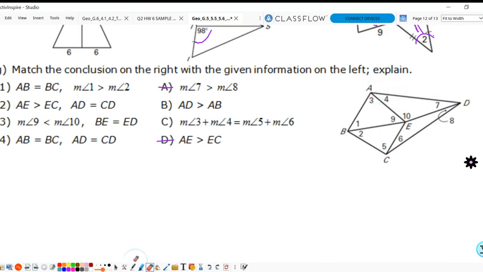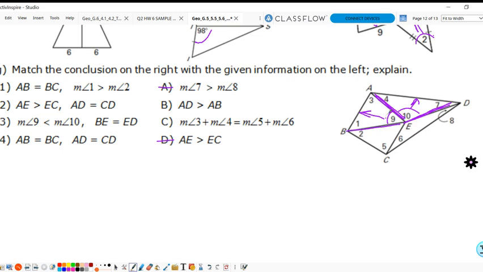Looking at our next image, the measure of angle 9 is greater than the measure of angle 10. We know that BE is equal to ED. They obviously share this side in common, so we're referring to this side over here and this side here.